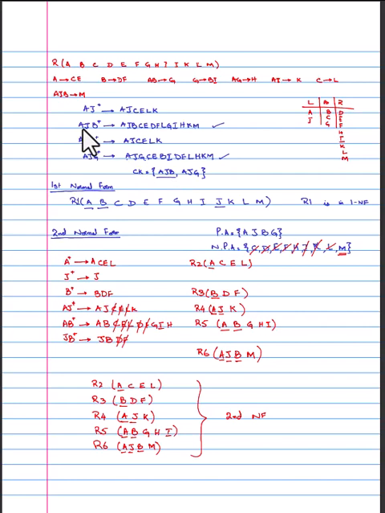So this means the candidate key will be A, J, B, which are the minimum attributes. Remember, if we know the minimum attributes, we don't need to take a higher number of attributes. For example, if A, J, B identify all attributes, this means this is the candidate key.